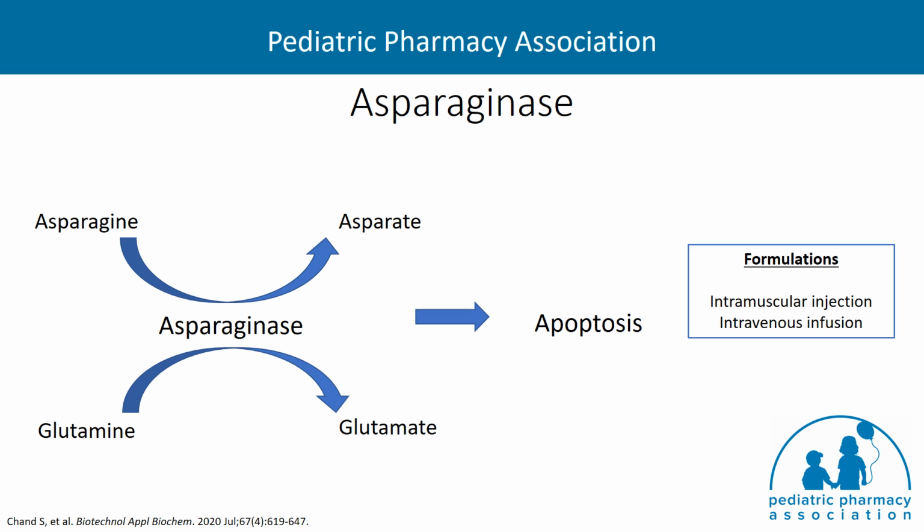So big picture and generally speaking, asparaginase therapy, as you can probably tell by the suffix of the name, is an enzyme that catalyzes the conversion of asparagine to aspartate as well as glutamine to glutamate, that's thought to then result in overall apoptosis of leukemia cells. And we'll talk about how that translates to AML therapy. There are two main formulations of this medication, and that includes both intramuscular injections as well as the intravenous infusion route.